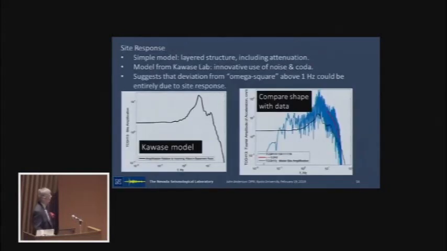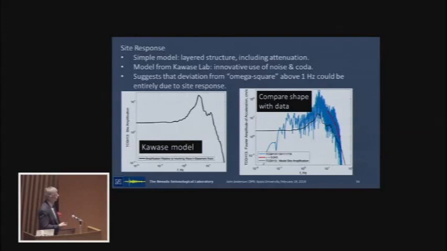Now, Hiroshi Kawase's lab has been working on a number of methods to characterize the site, and for this particular site, their models would be predicting this sharp peak here at that particular station for the amplification of the ground motion at the surface.